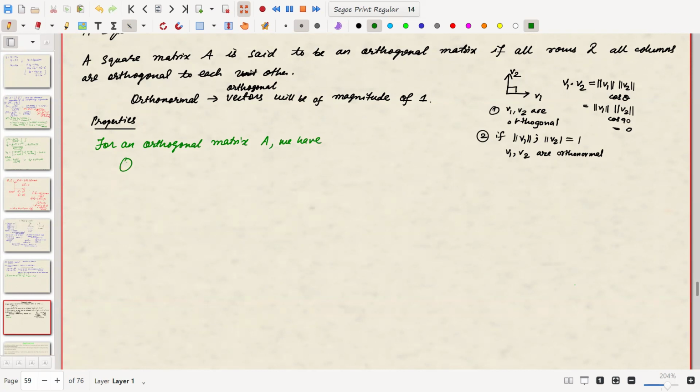The first statement is that any two rows and any two columns you take will be orthogonal. That means the dot product should be 0. So every two rows and two columns will have dot product equal to 0.